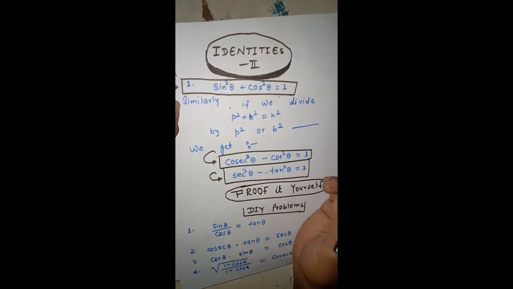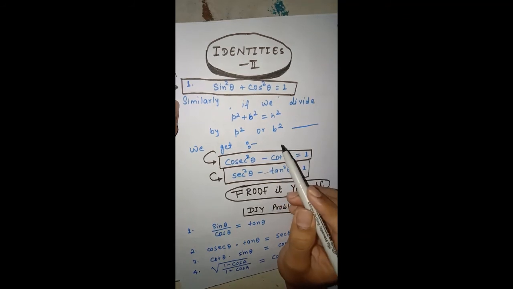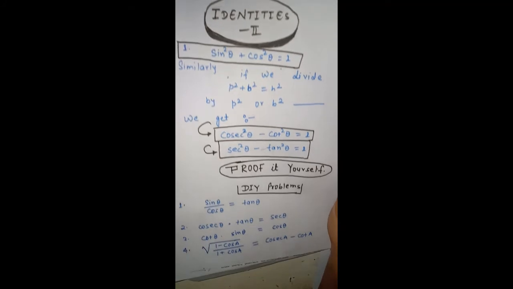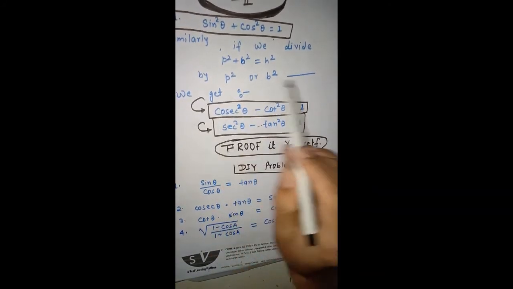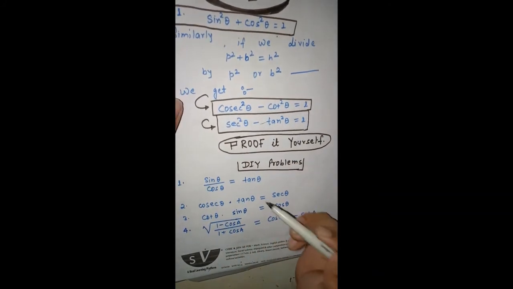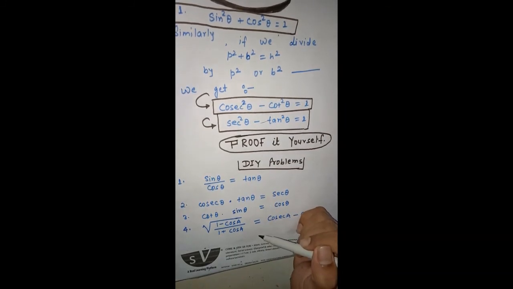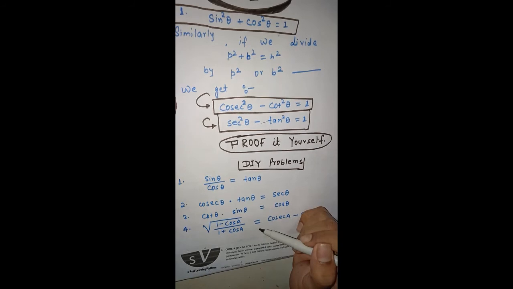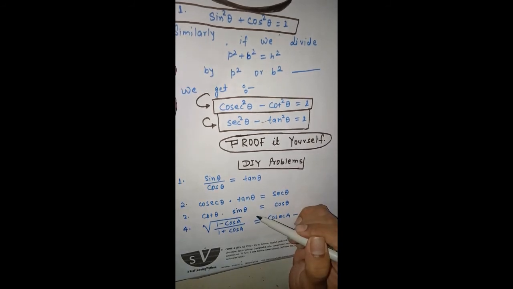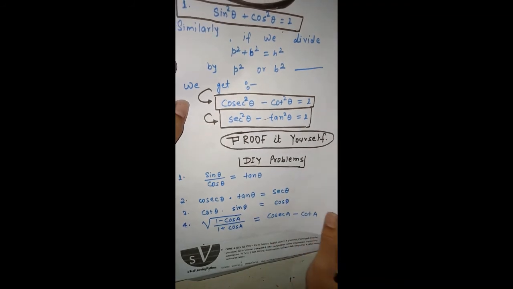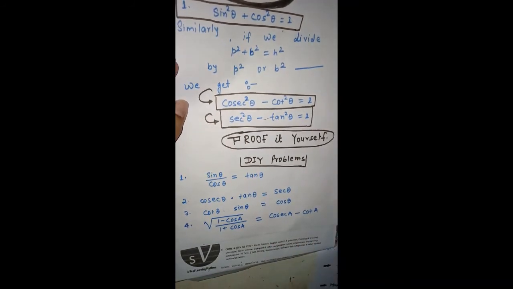This is for you. You have to do it in your notebook. This is easy. So after proving all these identities and understanding my point, then you can solve this kind of relationship by yourself. This is a problem for you. You can write down this kind of problem by pausing my video and solve it.